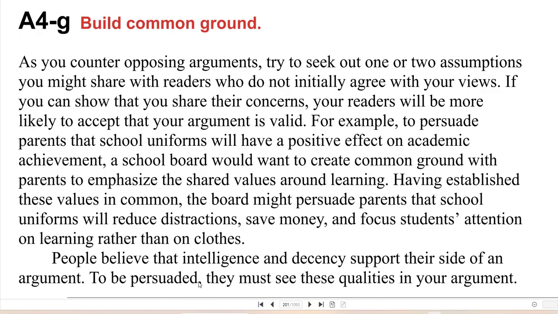And as you counter opposing arguments, try to seek out one or two assumptions you might share with readers who do not agree with your views. If you can show that you share their concerns, your readers will be more likely to accept your argument.